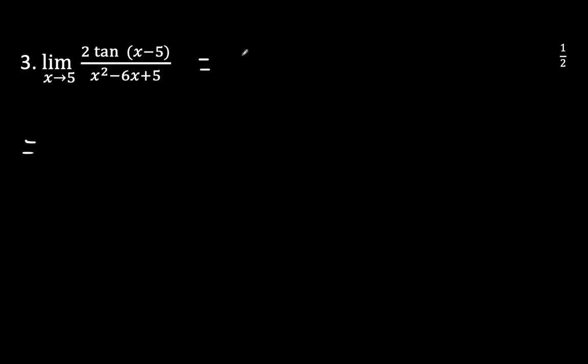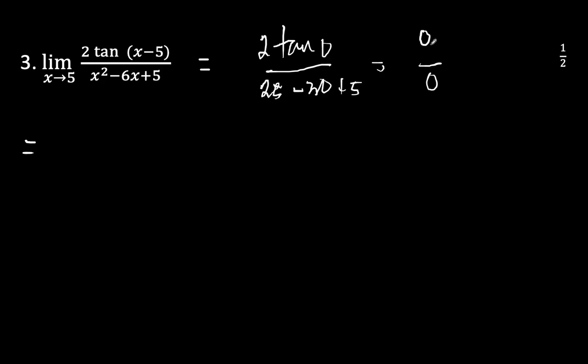So let's try substituting. This becomes 2 tangent 0 over 25 minus 30 plus 5. And tangent 0 is equal to 0. 2 times 0 is 0, and the denominator is 0. So this is an indeterminate form, so we need to work on something for us to simplify or evaluate the limit.